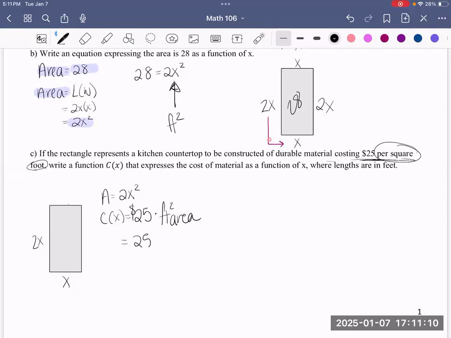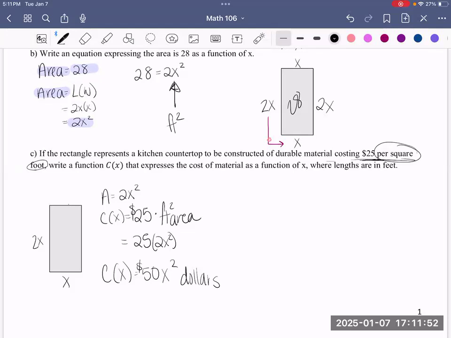Your area is 2x squared, so we can bring those together. We can just say that your cost is $50 times x squared. For every square foot, it costs $25. So together, your cost function in dollars is $50 times x squared.